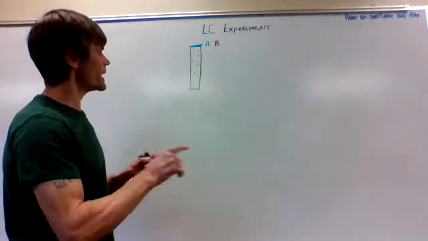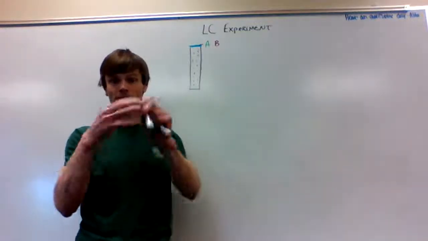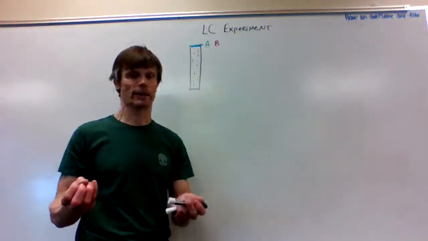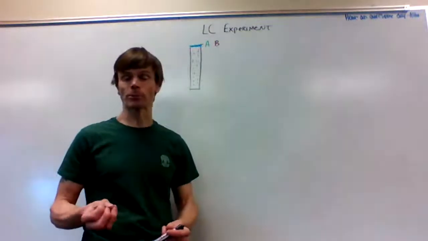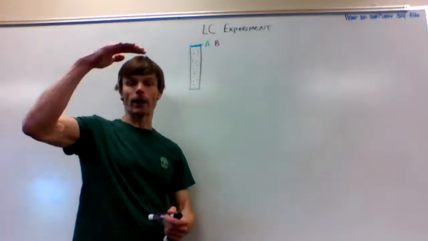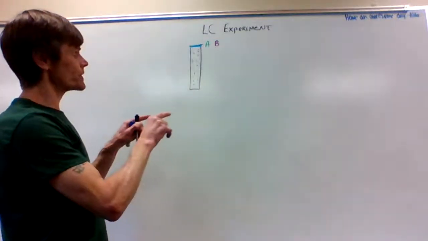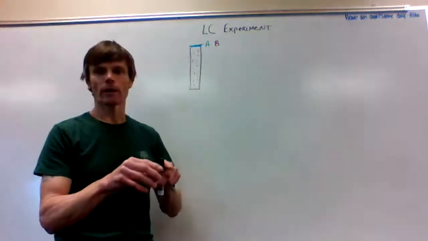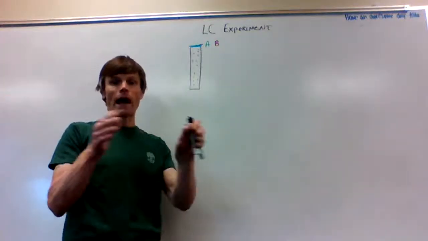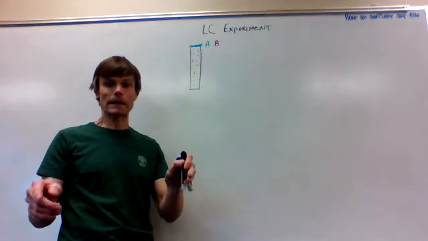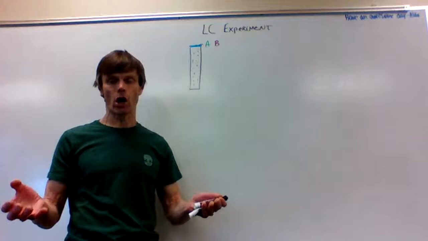And now A and B are going to interact with the solid support that's coated with a liquid differently. Perhaps the liquid on the solid support is polar and our mobile phase is non-polar. Now the differences in the polarity of A and B, if we set up our experiment correctly, will allow them to partition differently into the solid supported liquid phase in our column.